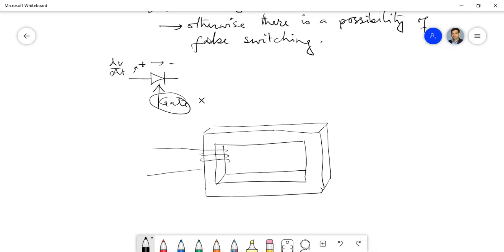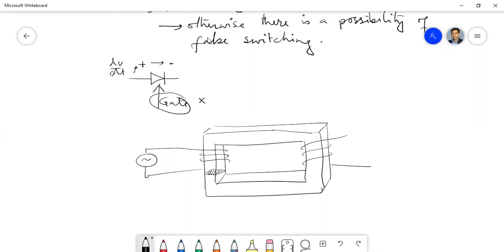For the sake of understanding I'm drawing these figures. Now what is the cross sectional area here? If we take a square, it will be the cross sectional area, isn't it?